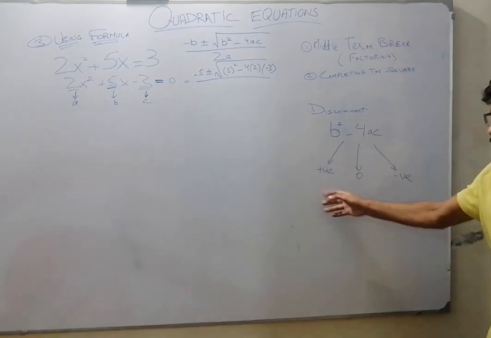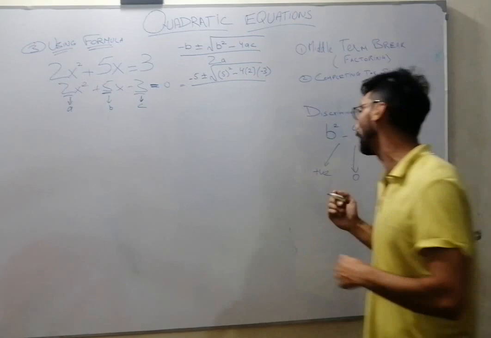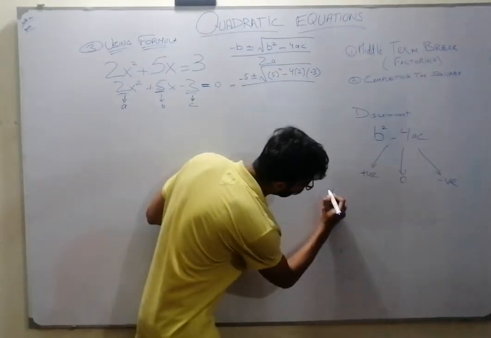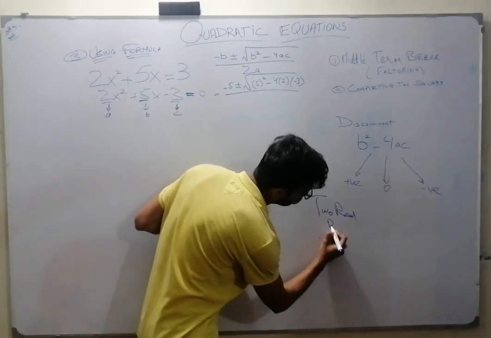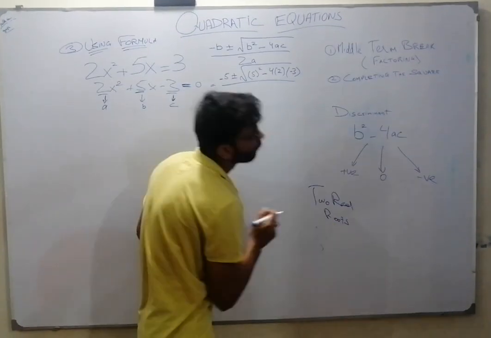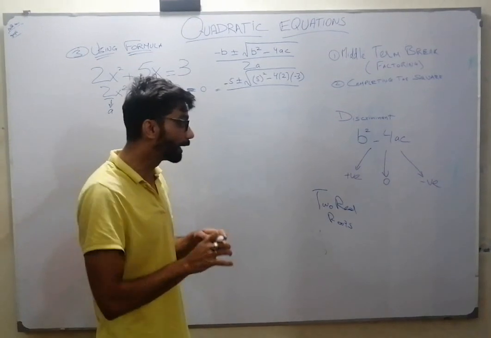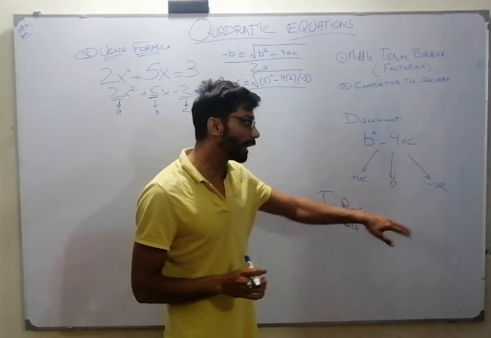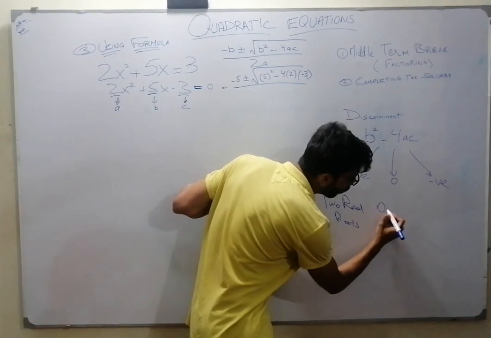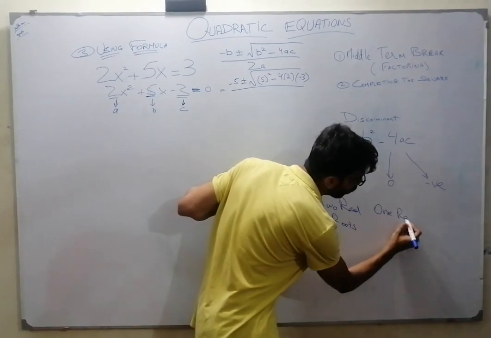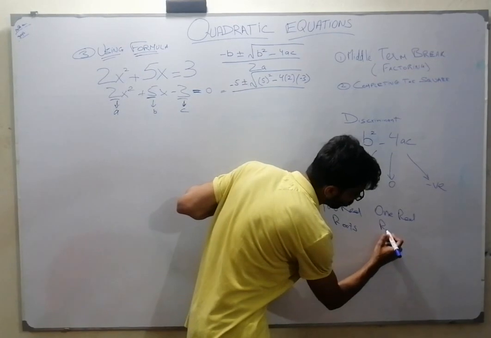In case you get a positive answer, you will be getting 2 real roots. In case you get 0 as the answer of this discriminant, it means you will be getting 1 real but repeated root.